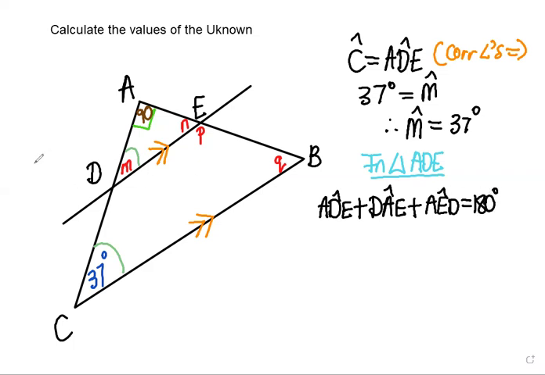So this is the sum of angles in a triangle. Remember that each and every statement should have a reason. You can write sum of angles of a triangle, just like that.